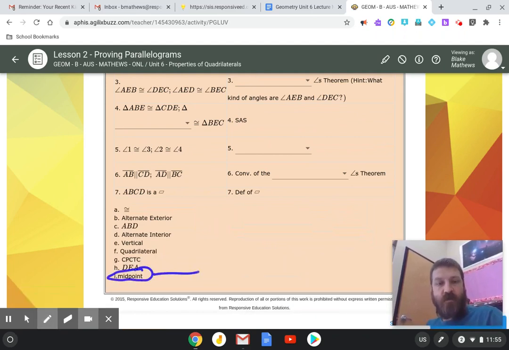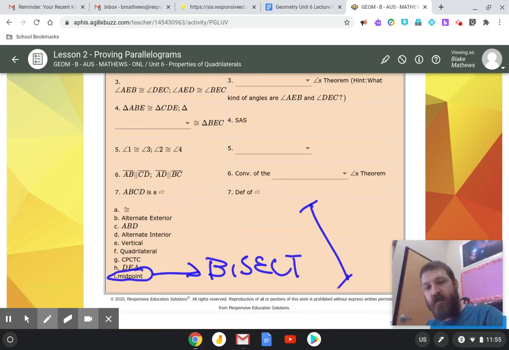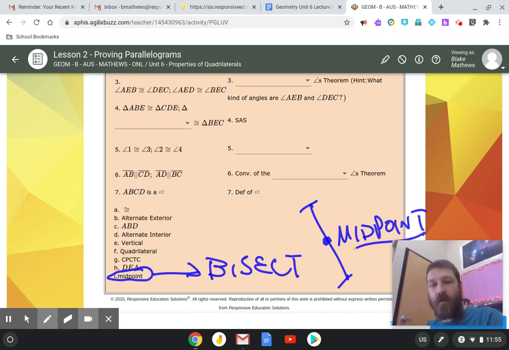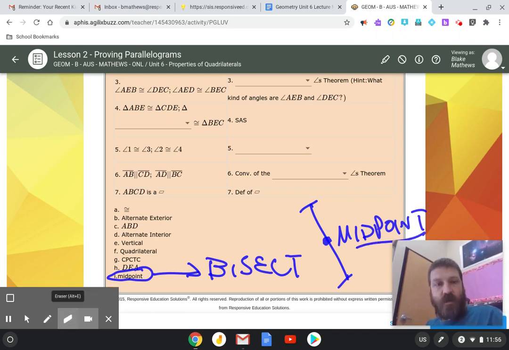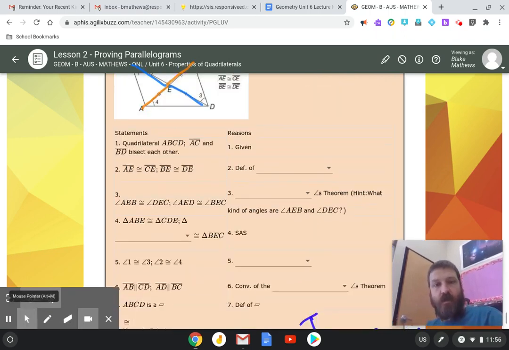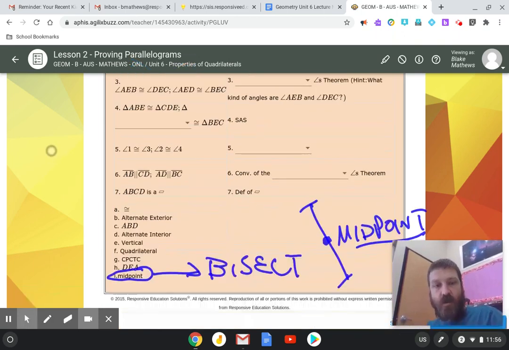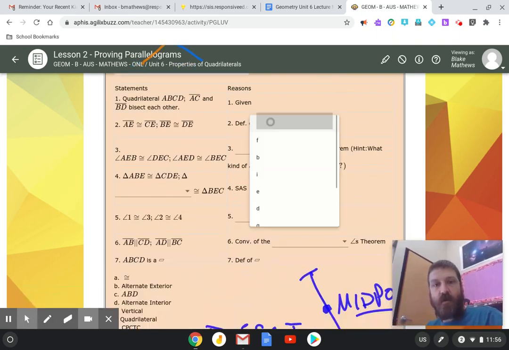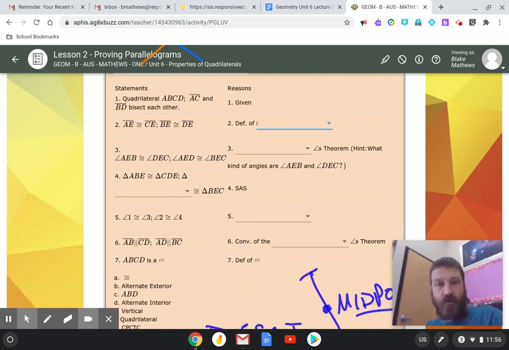Midpoint is directly connected to the idea of bisecting because a bisector cuts something in half at its midpoint. So that's where that's coming from. I'll erase that. And that's where we're getting definition of midpoint, which is I. Oh, that's very confusing. Super annoying.